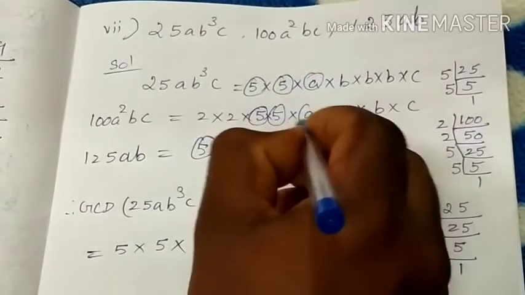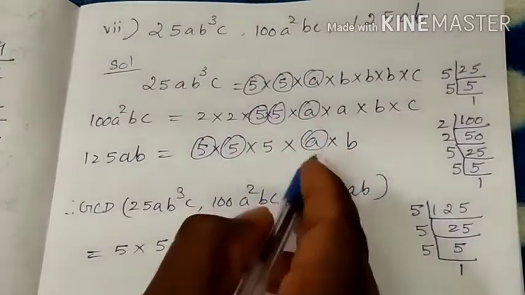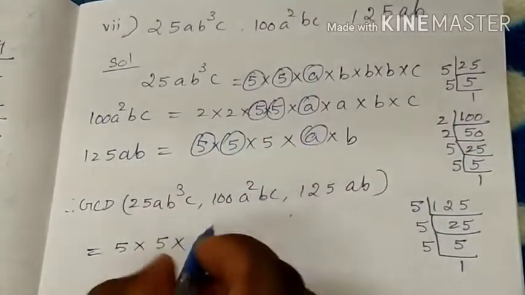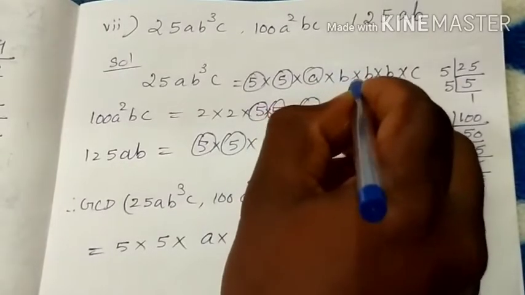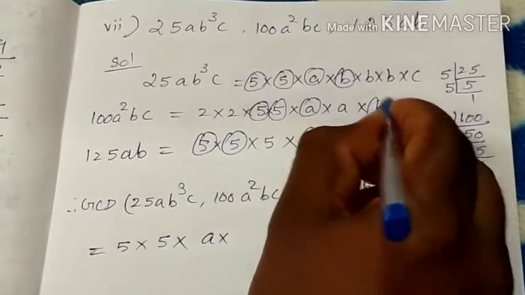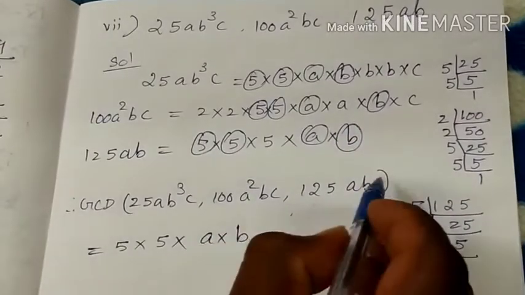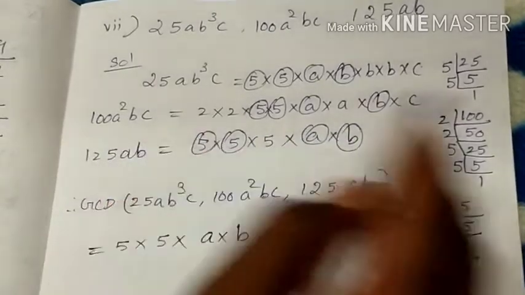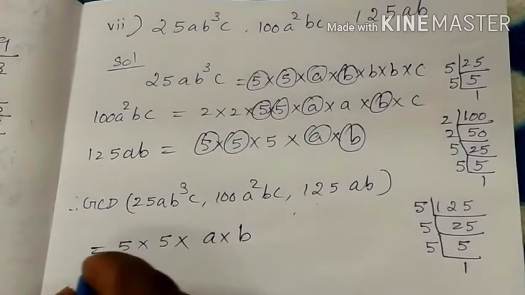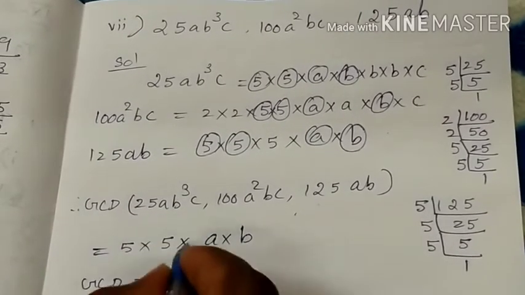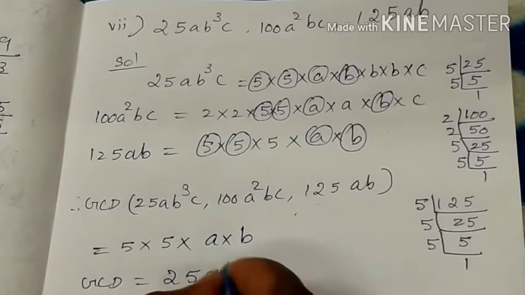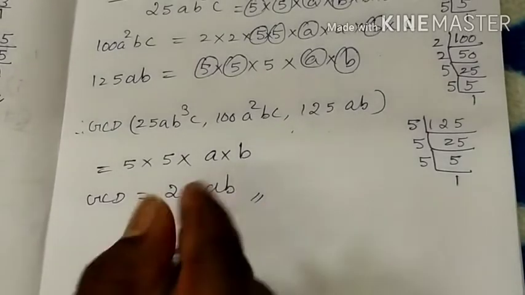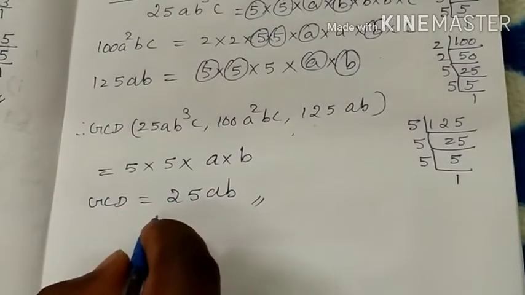Then a is the common factor, and b is the common factor. Then c, but the last term does not have c. Therefore GCD is 5 into 5, which is 25, and a into b, a b. That's all. Have you understood? In this manner, you do the remaining sums from the first question.